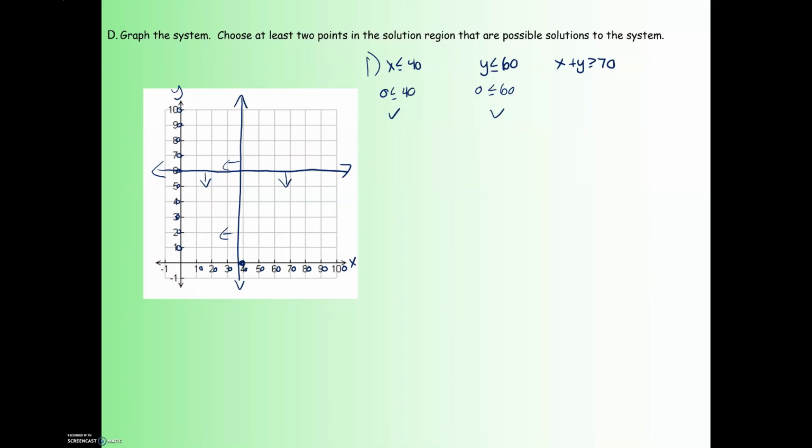Now, I'm going to graph X plus Y is greater than or equal to 70. I'm going to move my X over, so I'll subtract X from both sides, and I get Y is greater than or equal to negative X plus 70. Plot my point at 70, and my slope is negative 1 over 1. Down 1 over 1, down 1 over 1.